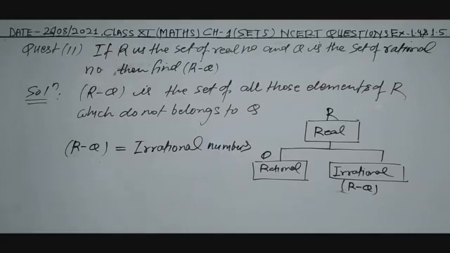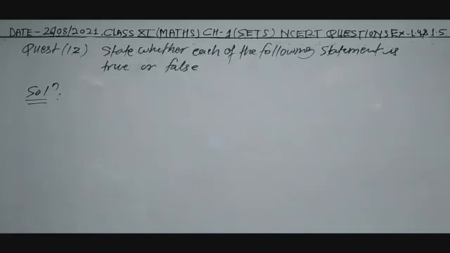Now come to the next question. The next question is question number 12. This is the last question of this exercise. Question number 12 is, state whether each of the following statements is true or false.